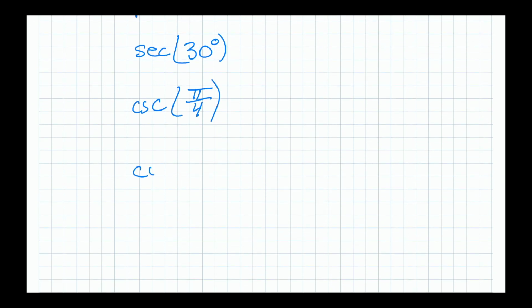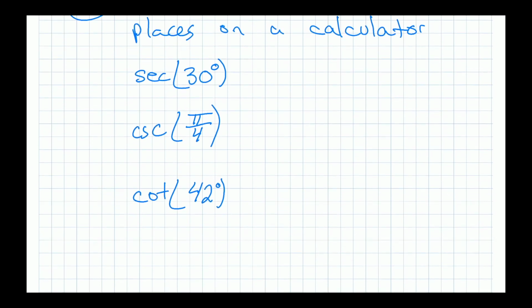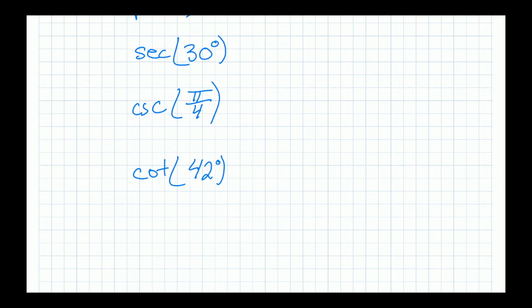Then cotangent of, let's say, 42 degrees. Let's see, one more. Either secant, cosecant, cotangent. Let's just do a tangent of negative pi over 12. All right, let's evaluate these.